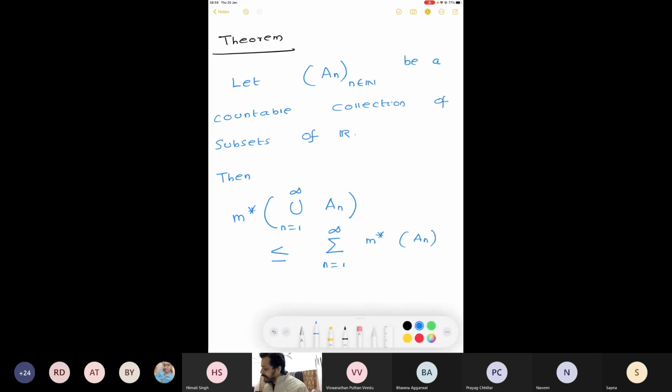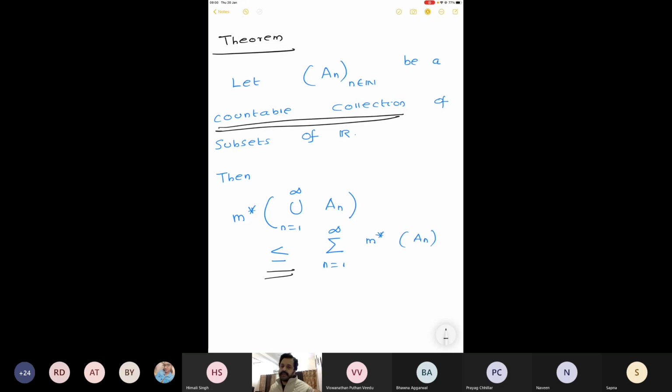Before going to the detailed proof, which is quite easy, I would like to draw your attention to two facts. One is that in the hypothesis, I don't consider the collection to be disjoint. Countable collection of subsets. These A_n's can have some intersection. We don't bother. Secondly, in the conclusion, it is not equal to, it is less than or equal to. So please keep these two things in mind.